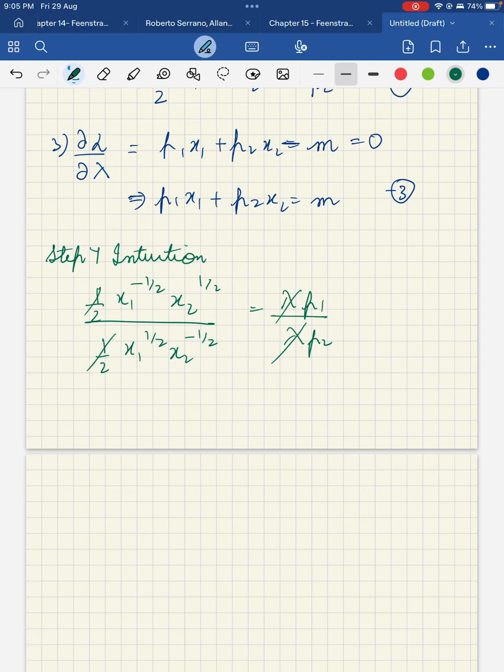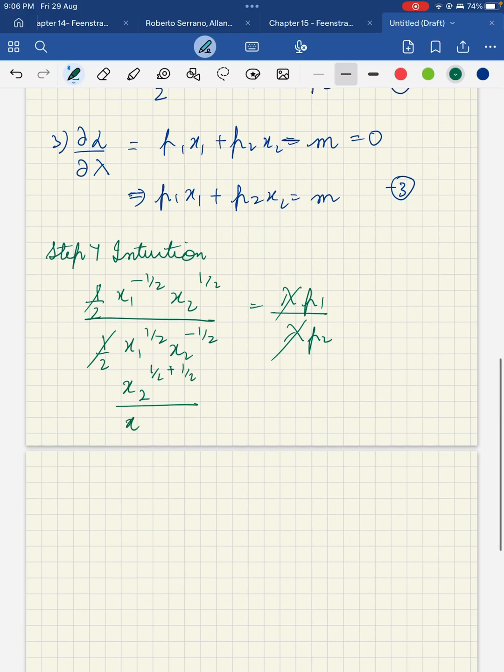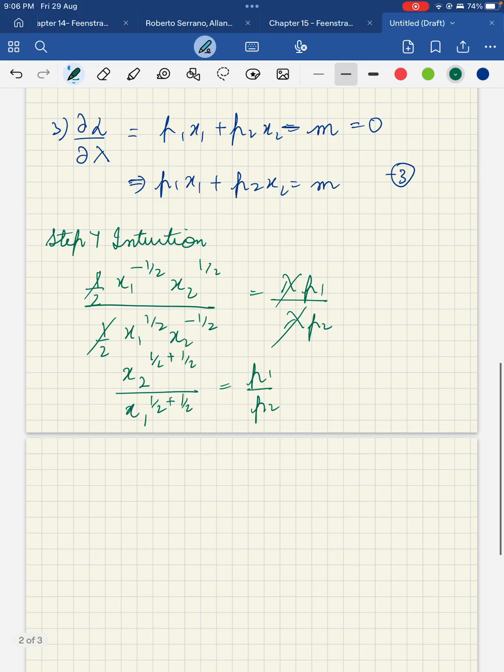My left hand side becomes x2 raised to the power half plus half, because my denominator has minus half, it comes above. I add the powers. Similarly, my numerator has minus half, so I bring it down, I add the powers, I get this equal to p1 by p2, which is x2 by x1 is equal to p1 by p2.